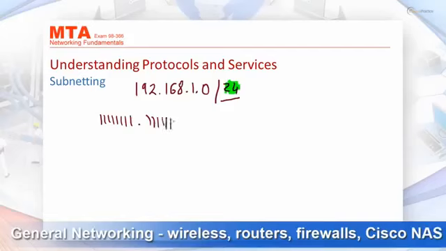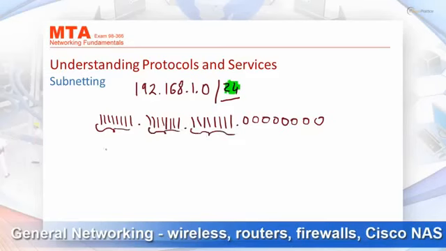Three more groups of 8 ones. That is in binary. If you convert all these numbers back to decimal, you will get 255.255.255.0.